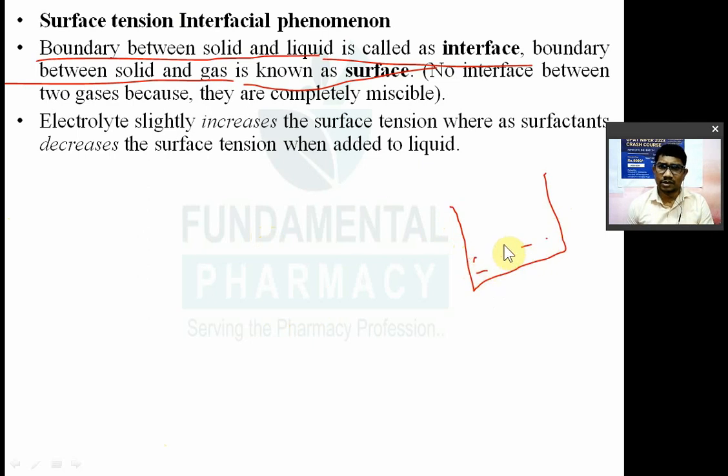Whatever liquid is there in this beaker, the molecules of that liquid present in the bulk of liquid. So here one molecule is present in the bulk of liquid. Now this molecule experiences an attractive force from all directions, from above, from below. So it will experience a force from all directions.